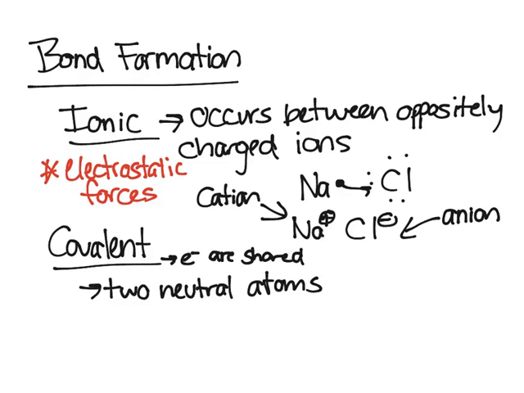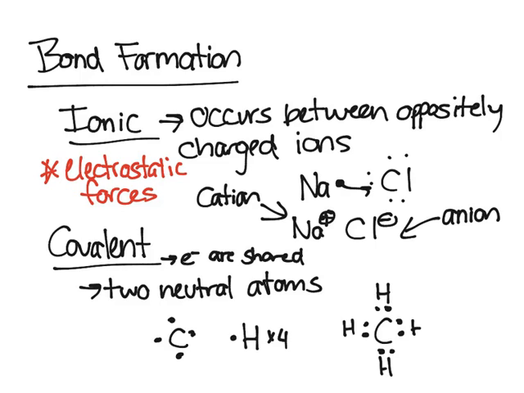So for example, if you have carbon with 4 valence electrons and hydrogen with 1 valence electron, let's say you have 4 of these. Carbon will share with 4 different hydrogens.